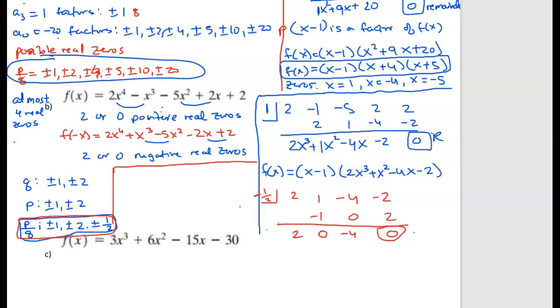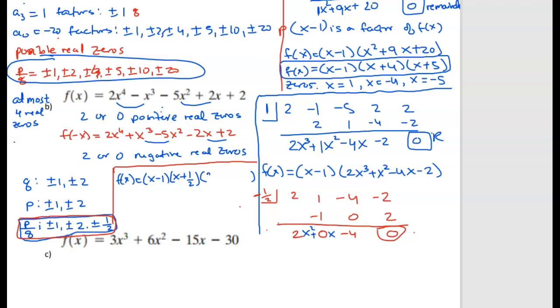Okay. So now our function, we have that factor of x minus 1. Then this tells me that I have a factor of x minus negative 1/2, so x plus 1/2. And then what's left over here is going to go into the last parentheses. So this is negative 4, 0x, and 2x squared.